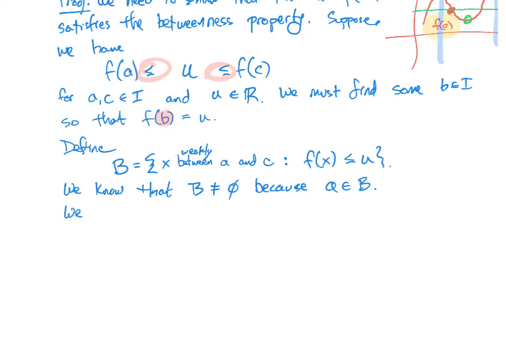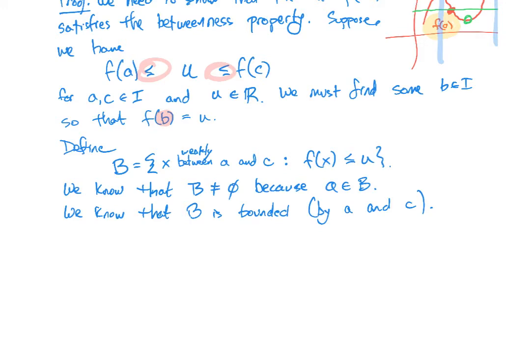we know that B is bounded. Why is B bounded? Because it's a subset of our interval, which is bounded. Yeah. A and C are bounds on B. One of them is a lower bound, the other is an upper bound.